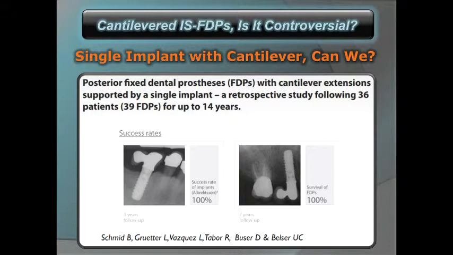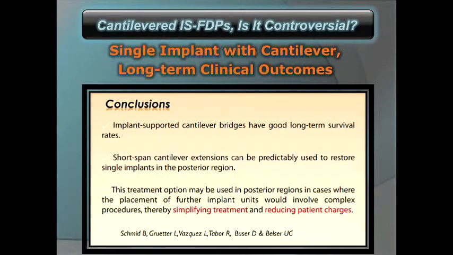Now, what's going to happen if you have one implant and then one cantilever? It's quite bold. So Belser and Buser, they're not little people. They know what they're doing, and they did this study, with 14 years of follow-up. It's retrospective, so it brings down the level of reliability of this study.